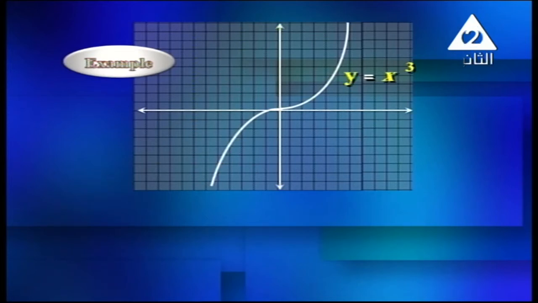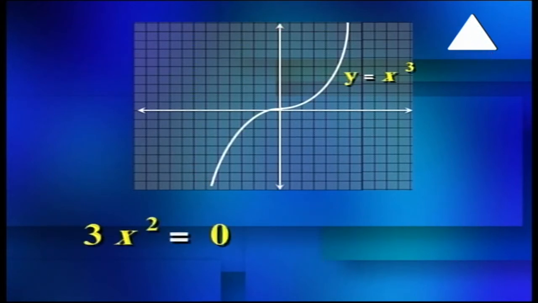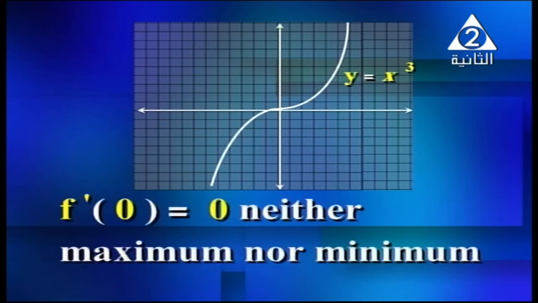The origin point is a point of symmetry of the curve, then the function is odd. My dear student, y equals x^3, then dy/dx equals 3x^2. My dear student, if we put f'(x) equals 0, then x equals 0. My dear student, f'(0) equals 0, neither maximum nor minimum.